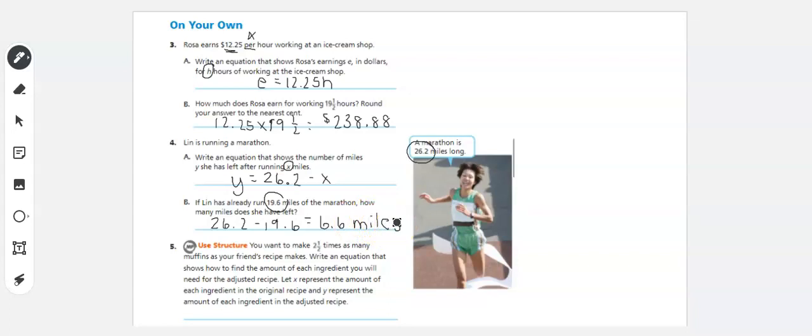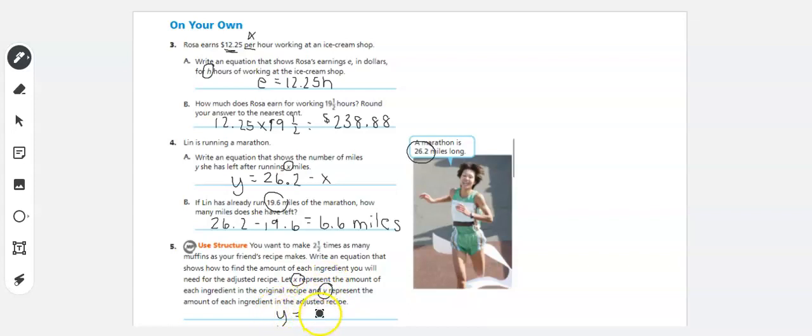Number 5, lots of words here, only still have to write an equation. You want to make 2.5 times as many muffins as your friend's recipe makes. Write an equation that shows how to find the amount of each ingredient you will need for the adjusted recipe. Let X represent the amount of each ingredient in the original recipe and Y. So remember when we do Y, we totally know that Y goes on the left-hand side.